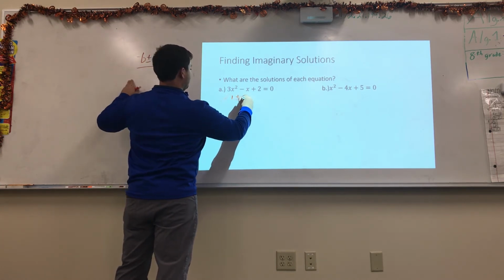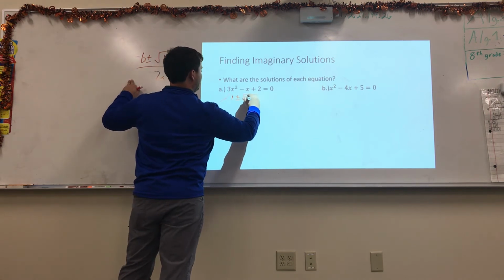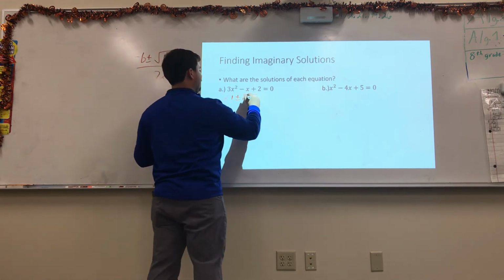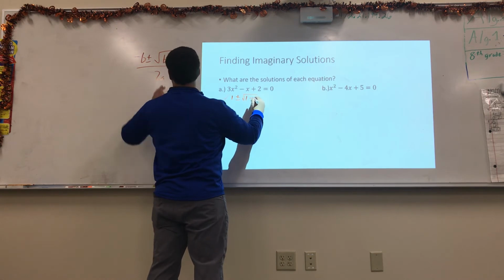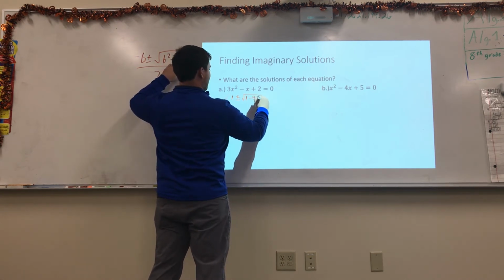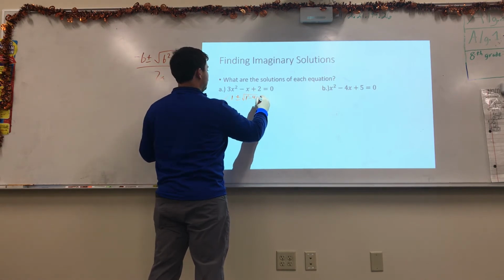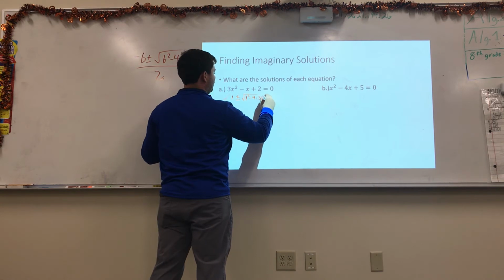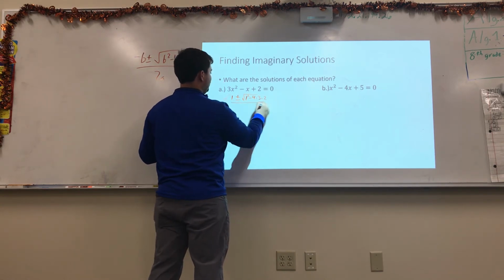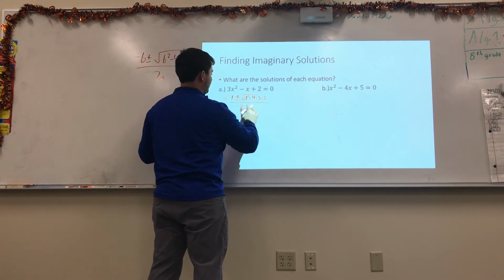Plus or minus the square root of 1 squared, which is 1, minus 4 times 3 times 2, over 2a, which is 2 times 3, my bad.